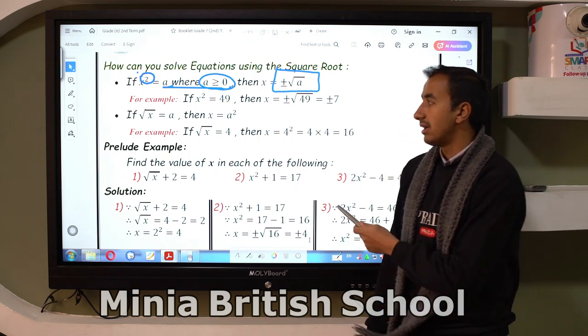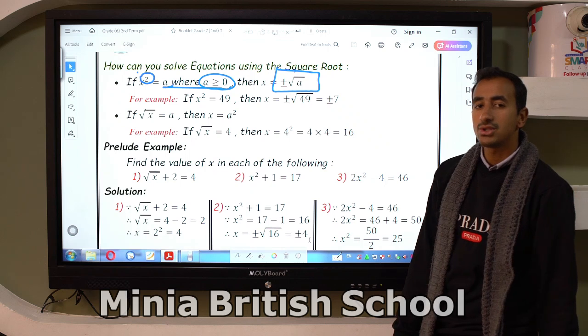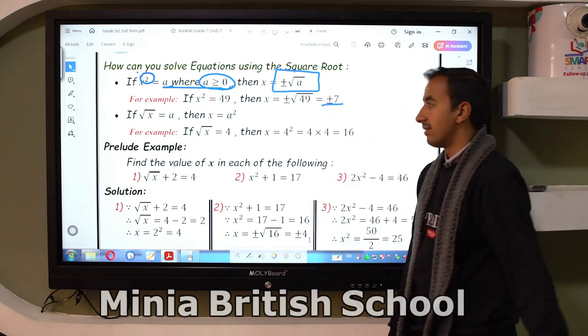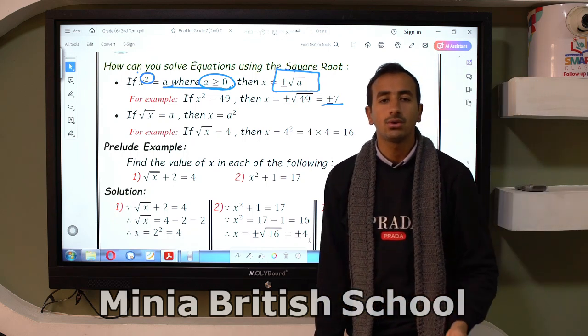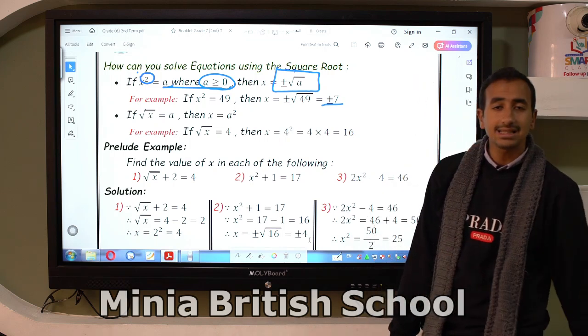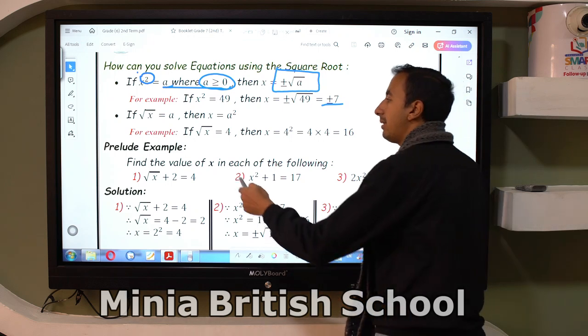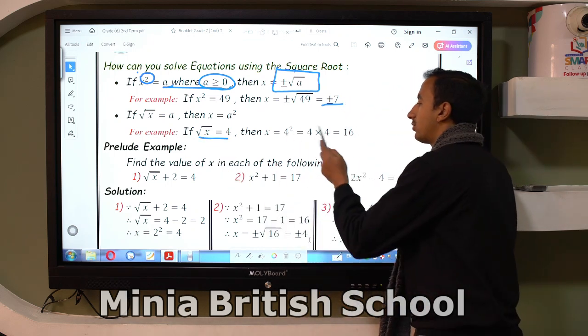For example, if x power 2 equals 49, then x equals positive or negative square root of 49, which is positive or negative 7. Another way: if we have the square root of x equals a, then x equals a power 2. You can raise the number to the power 2. Here, the square root of x equals 4, so x equals 4 power 2, which is 16.